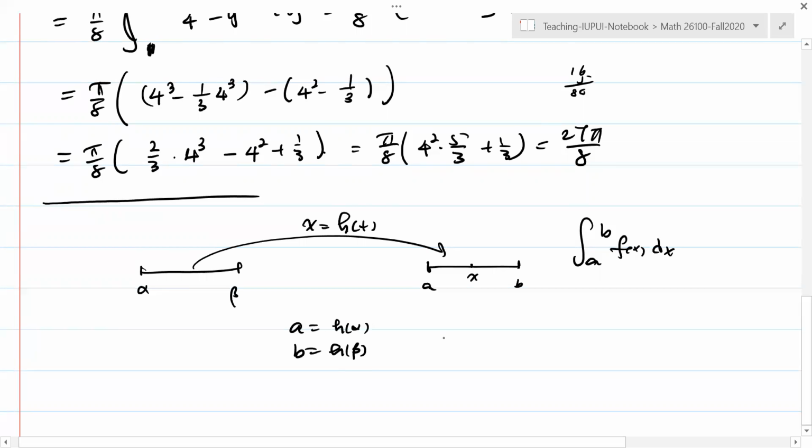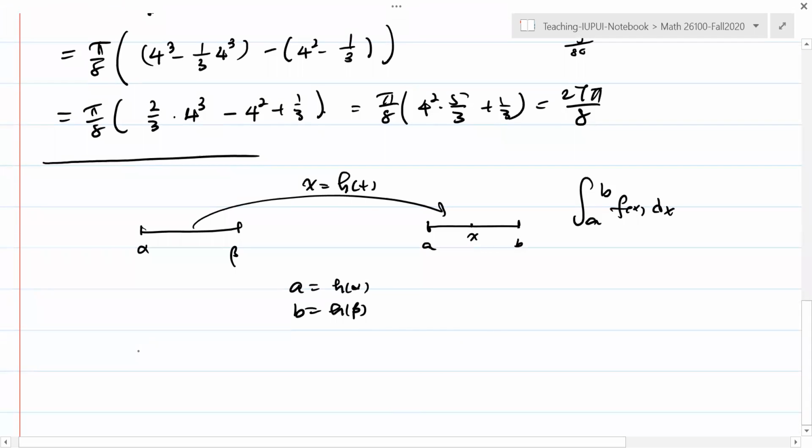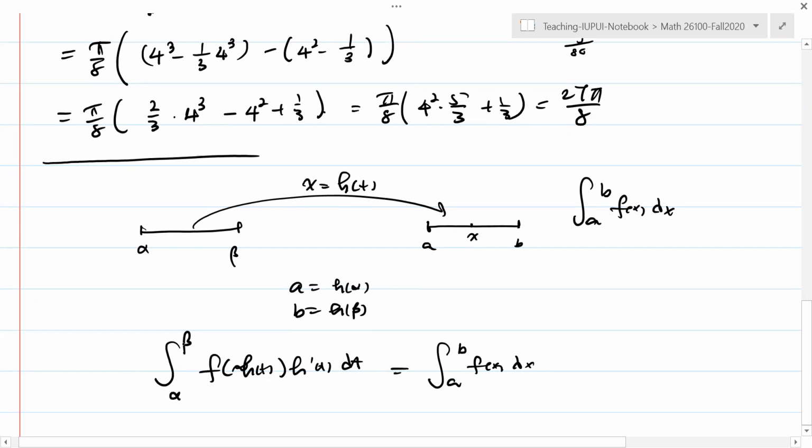So in this case the derivative is positive. On the right hand side, you just replace x by h of t, and dx is going to be h prime t dt, and this is from alpha to beta. Okay, so you do have this.